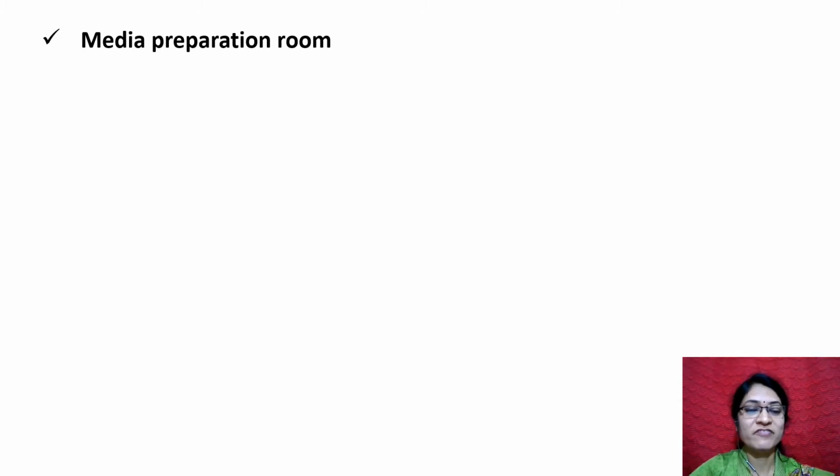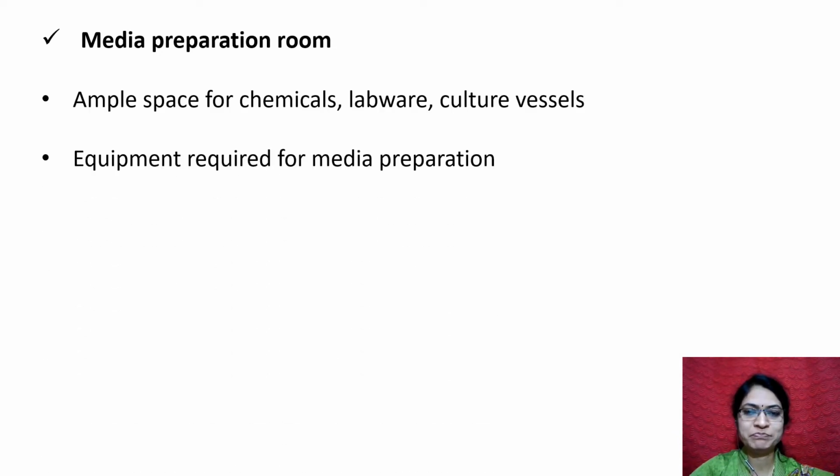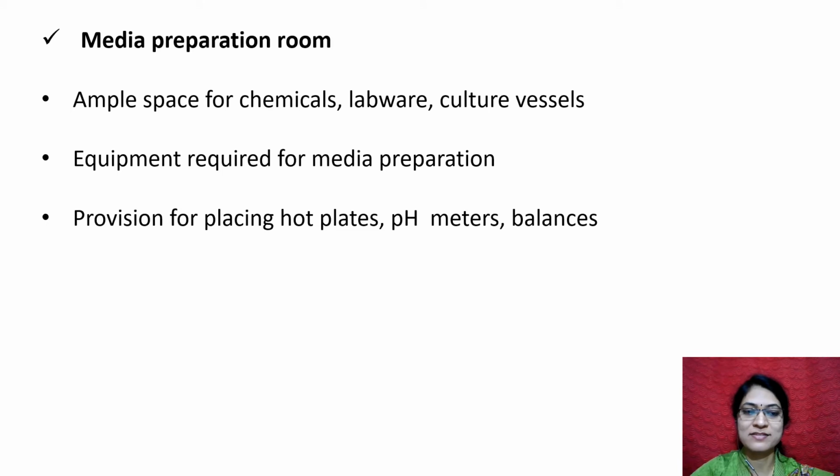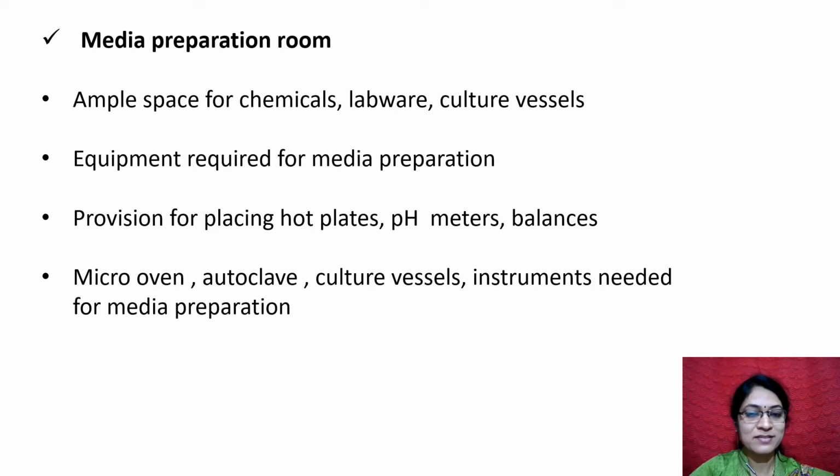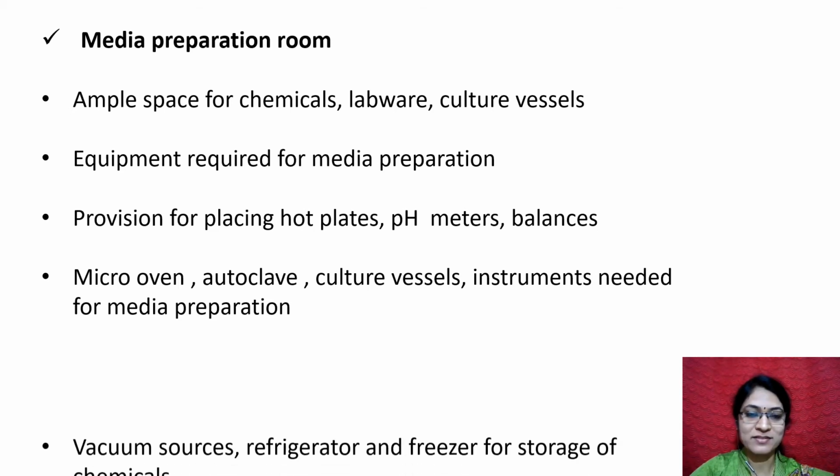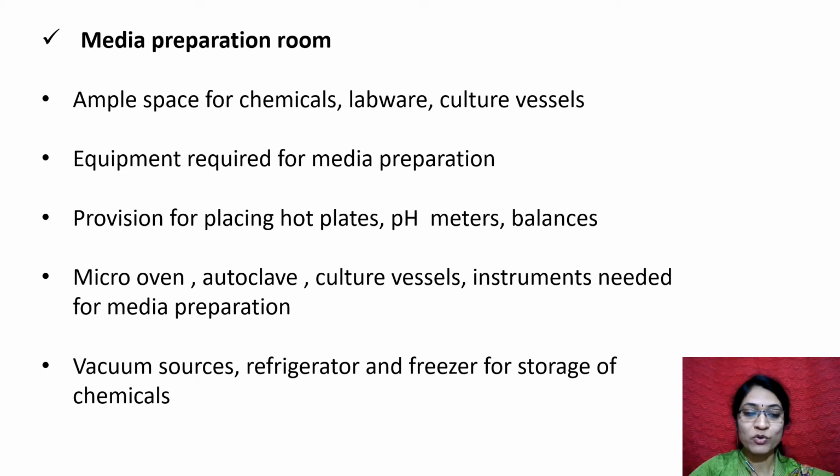The third facility, which is mandatory for the lab setup, is the media preparation room. Here, ample space must be there for keeping chemicals, labwares, and culture vessels. Some of the equipment required for media preparation must be in this room: provision for placing hot plates, pH meters, and balances. A microwave oven and autoclave must be there, along with culture vessels and instruments needed for media preparation.